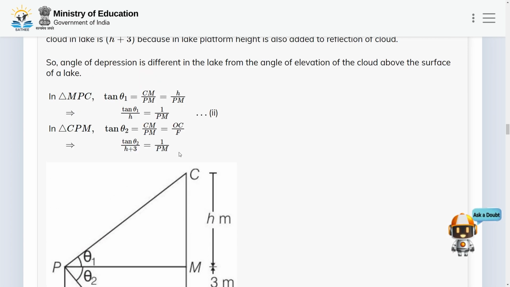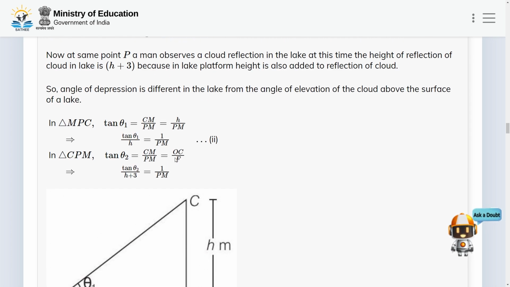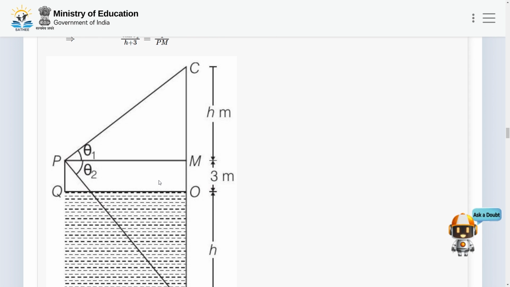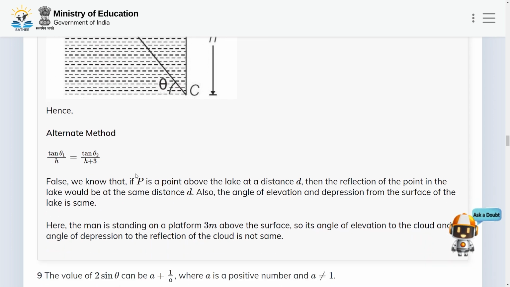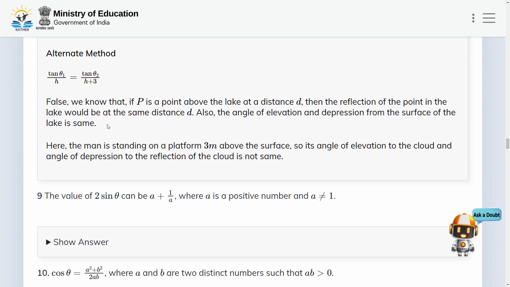Okay, so we get these two equations, and now comparing these two equations, we get tan theta 1 by h is equal to tan theta 2 by h plus 3. Hence tan theta 1 by h is equal to tan theta 2 by h plus 3, and the statement is false.